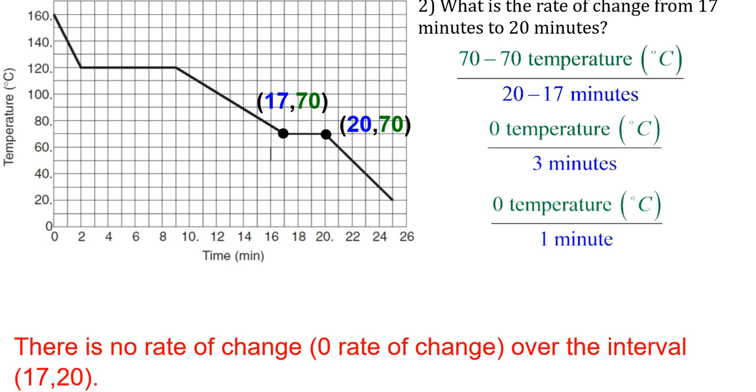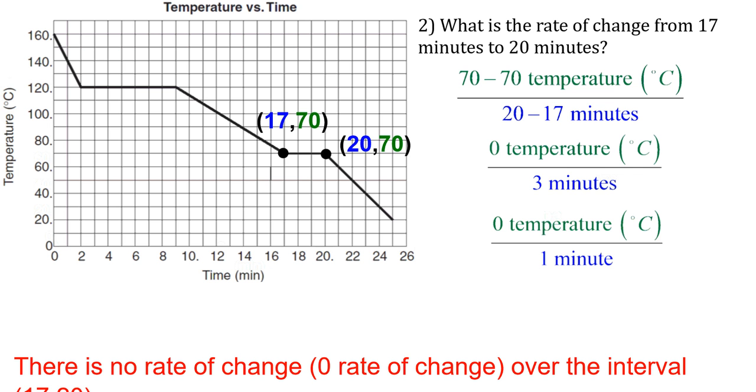So as we can see with this situation, not all the rates of change are the same depending on what interval you're looking at. Here we have a rate of change of 0, which would also occur over the interval from 2 minutes to 9 minutes. We could also see that we had 3 decreasing intervals at different rates of change.